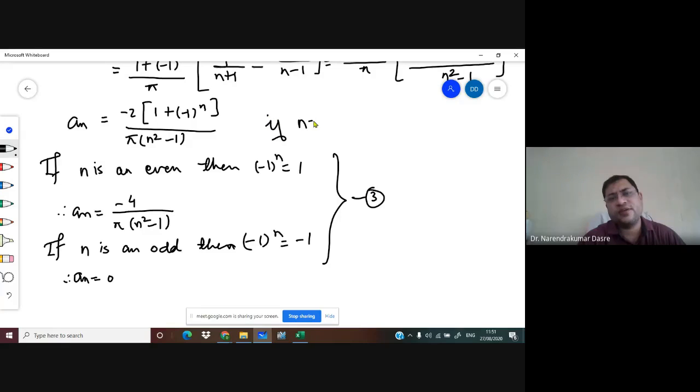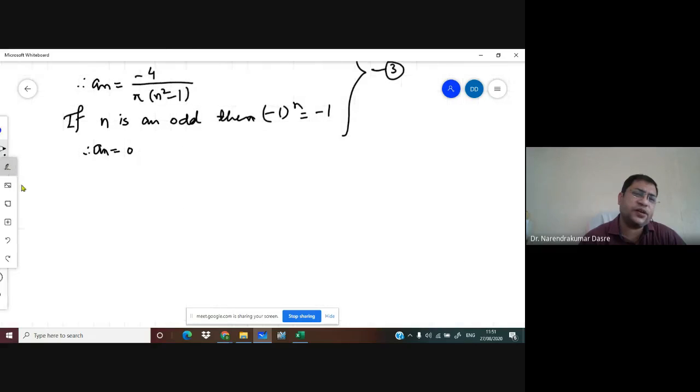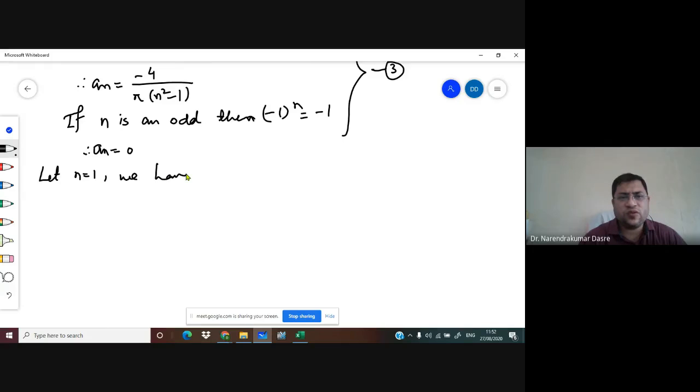But n is not equal to 1, because this formula is not applicable if n is equal to 1, and hence here we have to find out a_1 separately. So for n equal to 1, we have a_1 is equal to 2 upon pi integral 0 to pi sin x cos x dx.